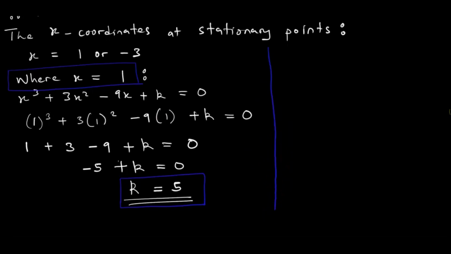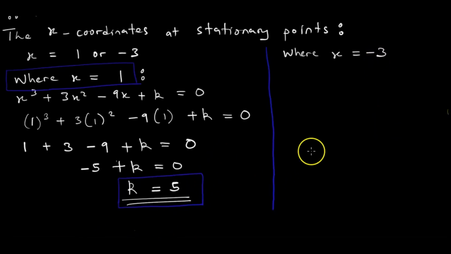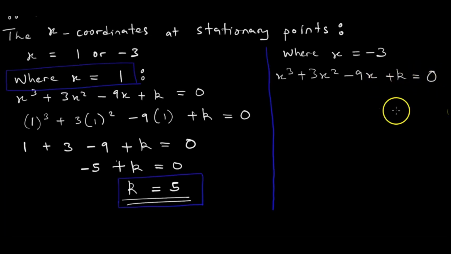The second part to this, remember, is where x is equal to what? Minus 3. x is equal to minus 3. We take this function x cubed plus 3x squared minus 9x plus k is equal to 0. Where x is minus 3, we have to substitute minus 3 into this function.